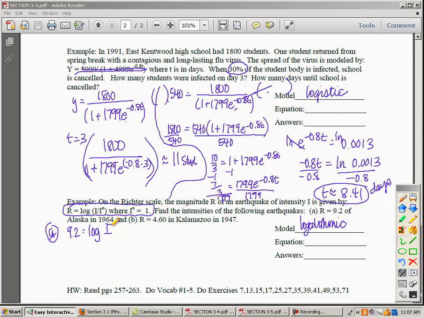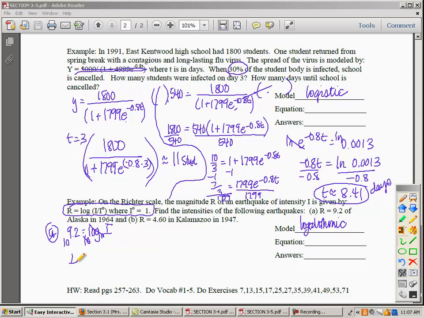Now, if you look at this, this is a base 10. And so talking about what we did yesterday, because it's a base 10, I'm going to take 10 to this side and 10 to this side, because then 10 and the log base 10 will just eliminate each other.